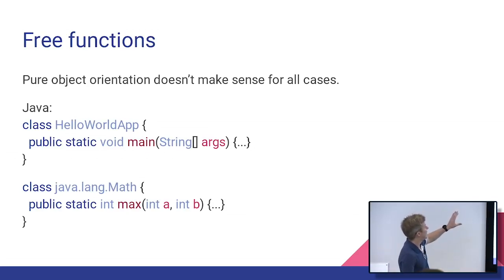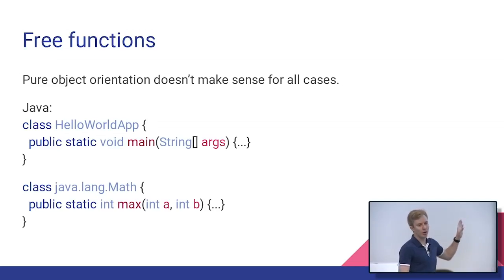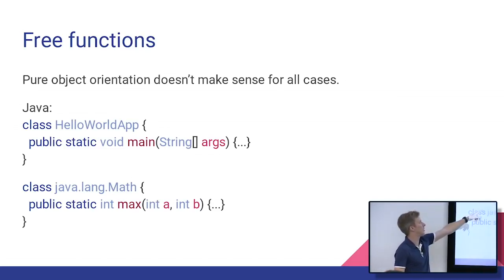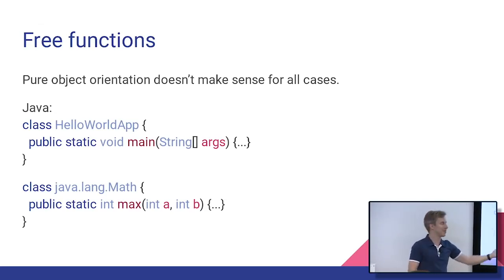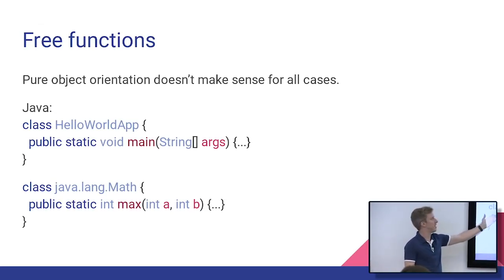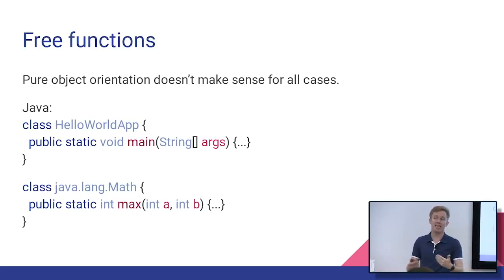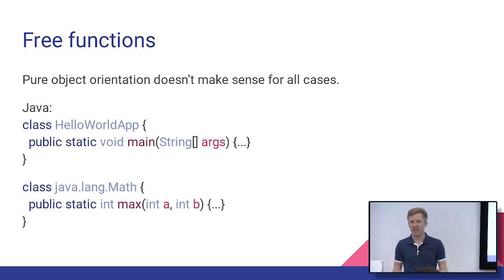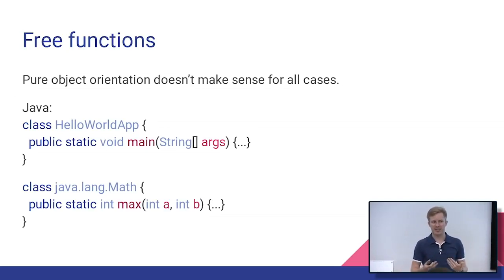So here's 2 cases of pure object orientation that happen in Java that don't really make a lot of sense. So the first one is your entry point, the static void main. That doesn't actually have to be part of a class, which is why it's static in the first place. Here it's related to class Hello World app, but it could have been in any class. So that really proves that it's not actually connected to a class at all.